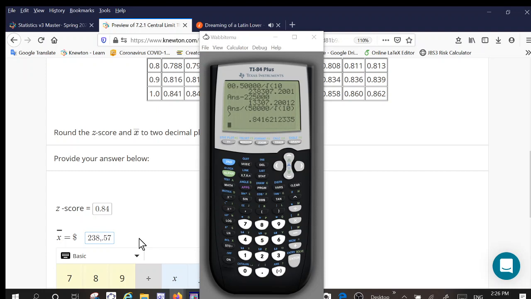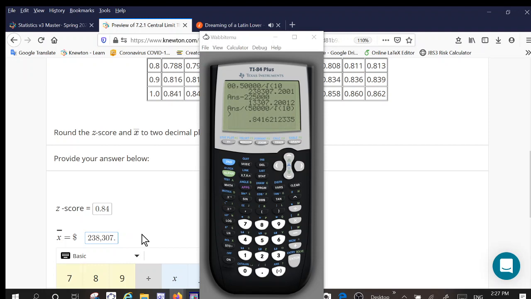So the number that we found was 238,307.20.